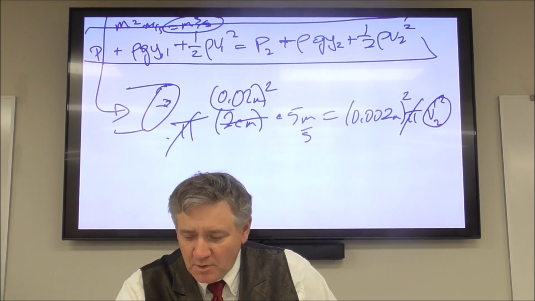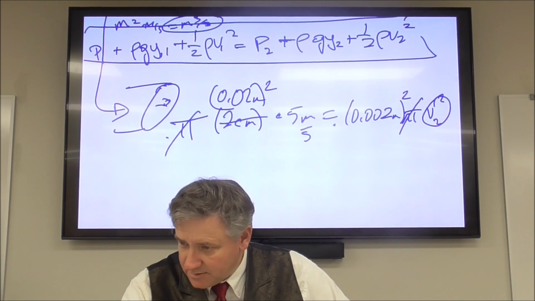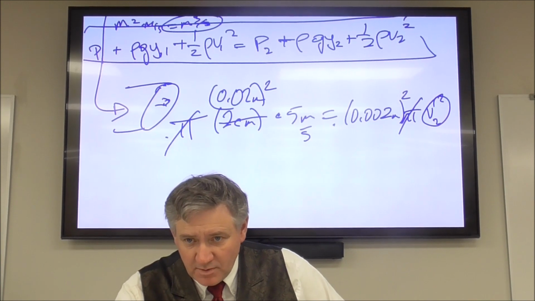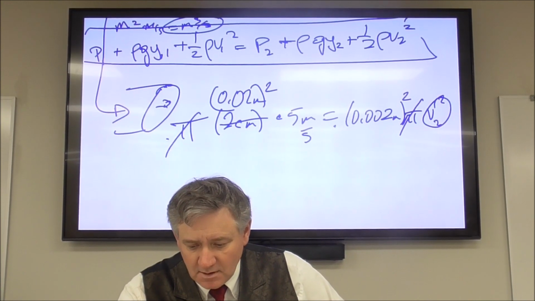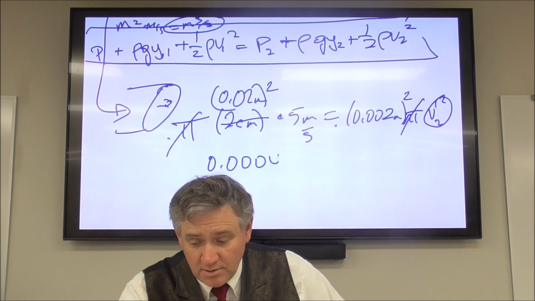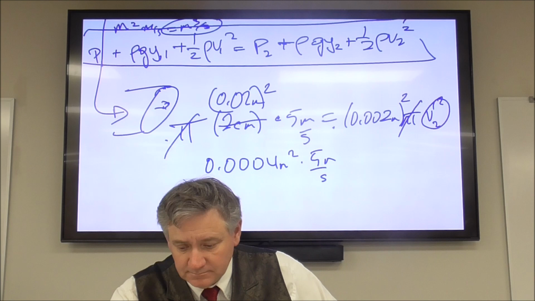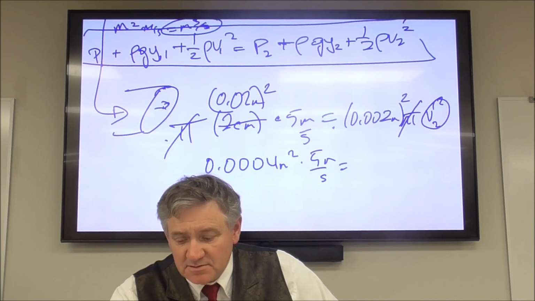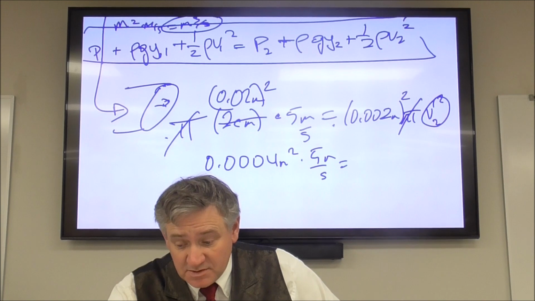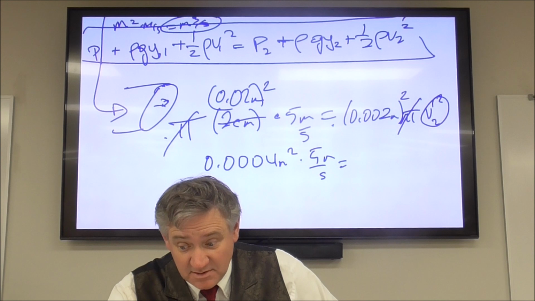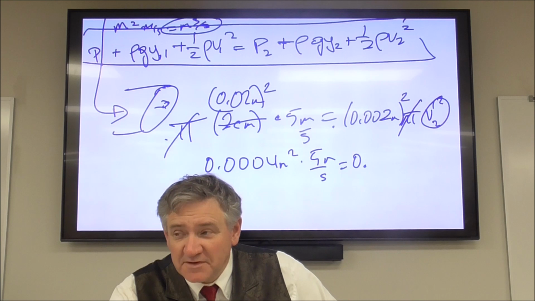So here's the point. These pi's are going to cancel out, right? So if you look at this, somebody take 0.02 and square that. 0.004 meters squared times 5 meters per second. Now, if you take 0.002 and square that, what do you get? 0.000004. A lot of zeros. This is why you have calculators.